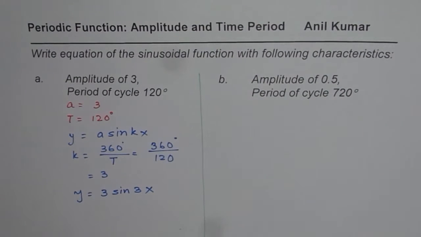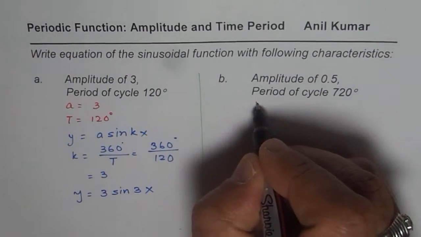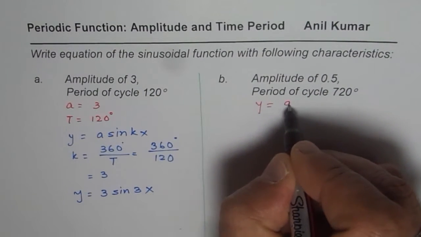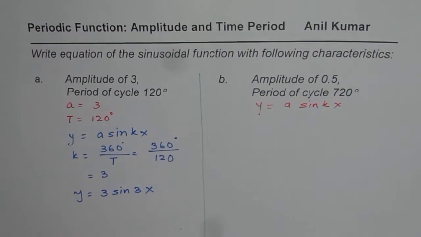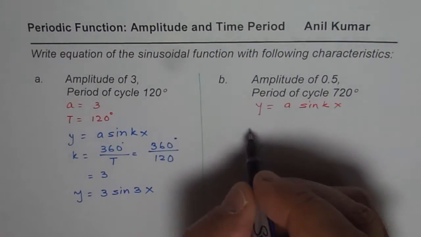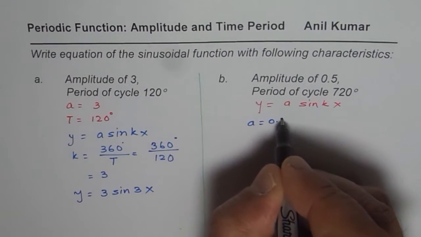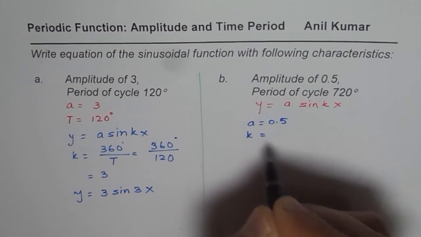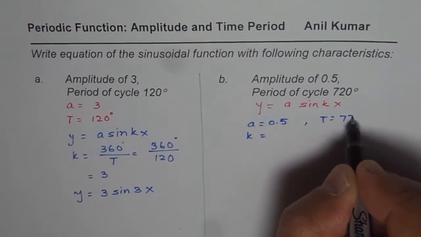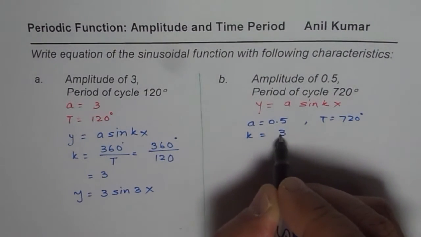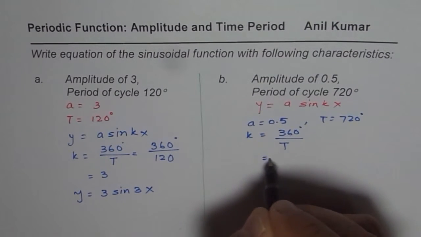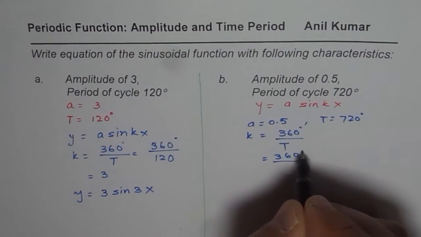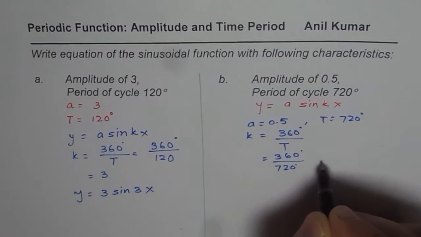Let us write down the equation for the second function. So we'll follow the same process. In general, we want an equation of the form y equals a sine kx, where A is given to us as 0.5, so A is 0.5. k will be, and T is given to us as 720 degrees, so k is 360 degrees divided by T, which is 360 degrees divided by 720 degrees, or half.